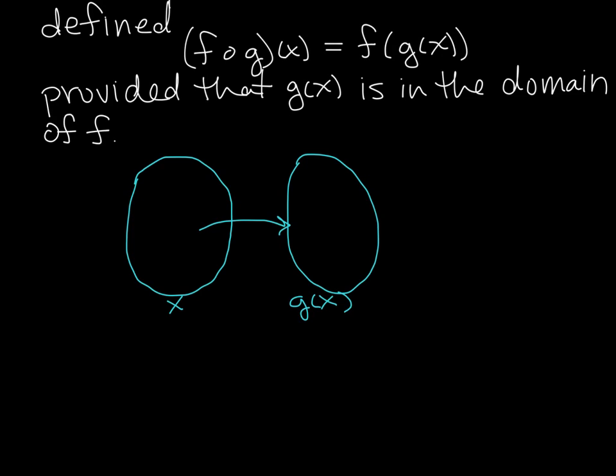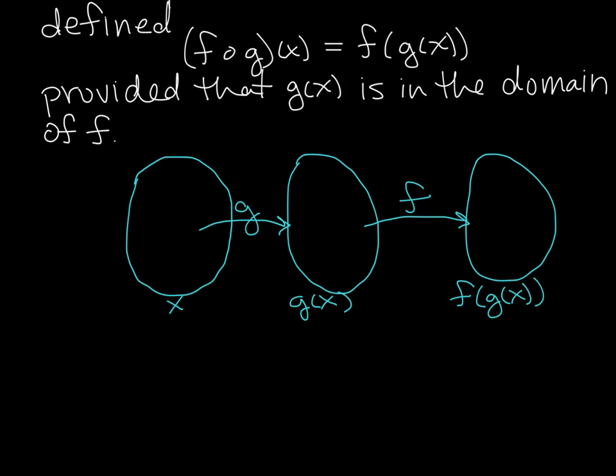We then apply f to those g of x's, so this is g, this is f, and we get f of g of x. The composition f circle g takes us directly from the x's to the f of g of x's.